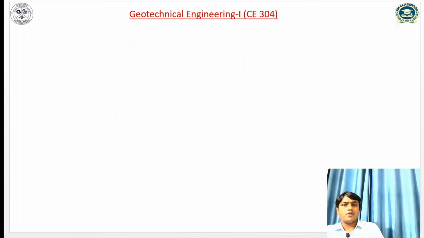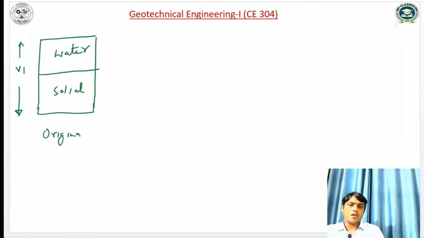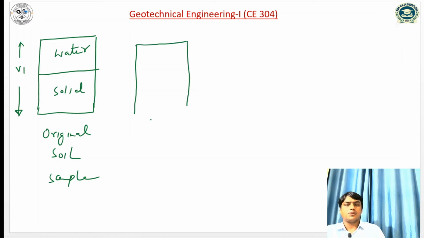So how do we compute the value of shrinkage limit in the laboratory? Let us assume this is the original soil sample in which this is solid and this is water. Let us assume this is V1, the original volume of soil. And then we can write soil at shrinkage limit.